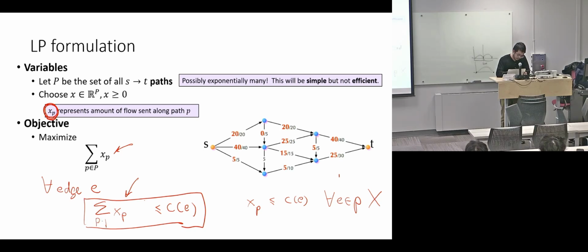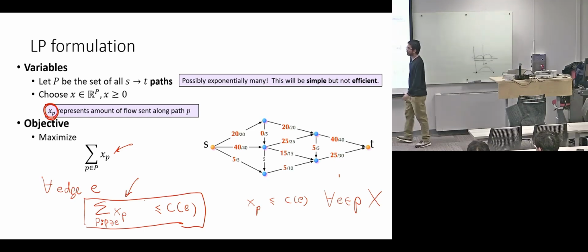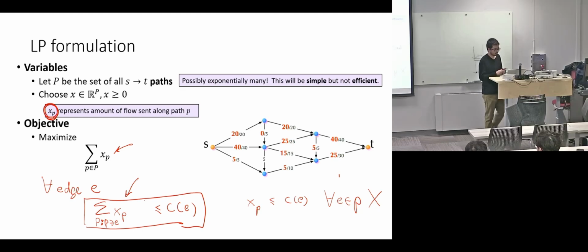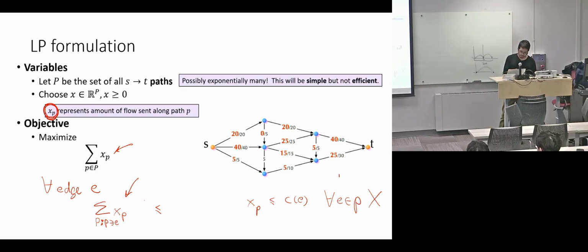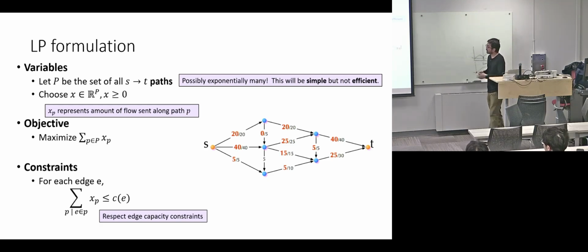Exactly, over P such that P contains E. Just a sum over all paths that contain E. Look at the value of those paths. The total flow going through that should be at most the capacity. That's the constraint.